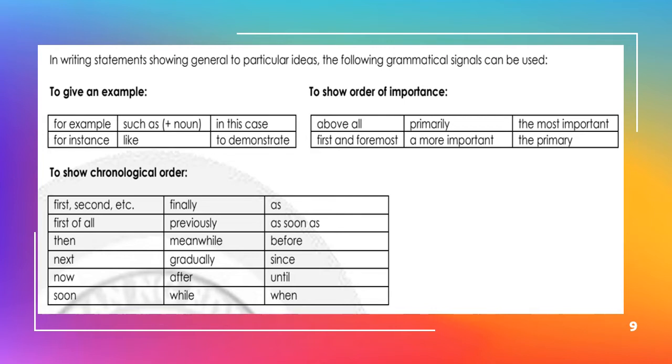Okay, we have first, second, third, fourth, etc. First of all, then, now, soon, finally, previously, meanwhile, gradually, after, while, as soon as, before, since, until, and when. So those are the different grammatical signals that we can use for general to particular pattern. Either we give an example, or we give order of importance, or we give chronological order.